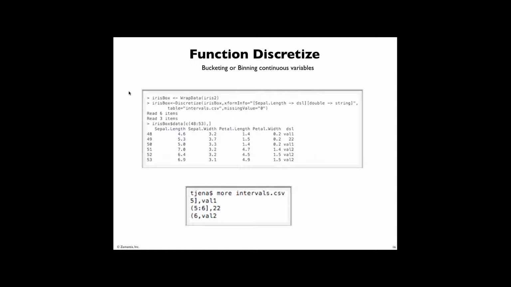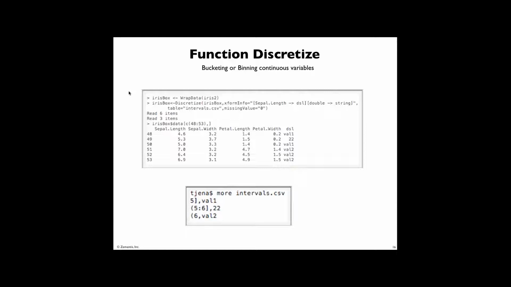All right, the transformation information is you basically are telling the function what is the original field and what is the derived field name. So here you can see that the first information tells us that you want to discretize the input variable sepal.length and call the transform variable DSL.